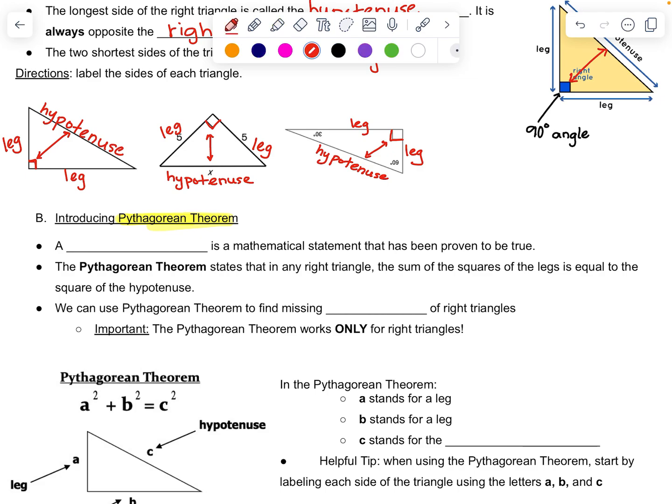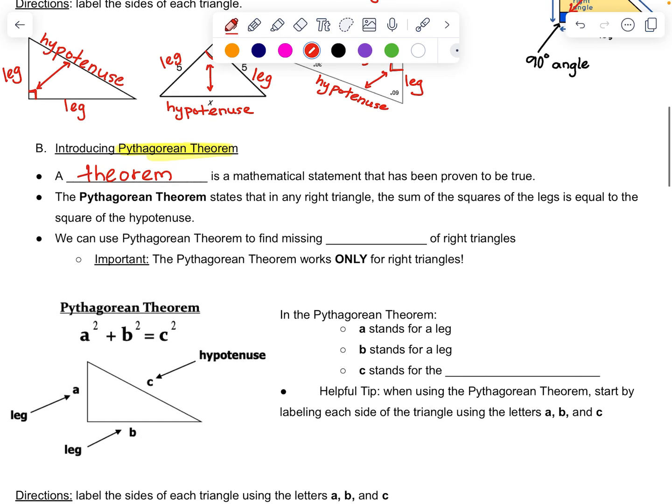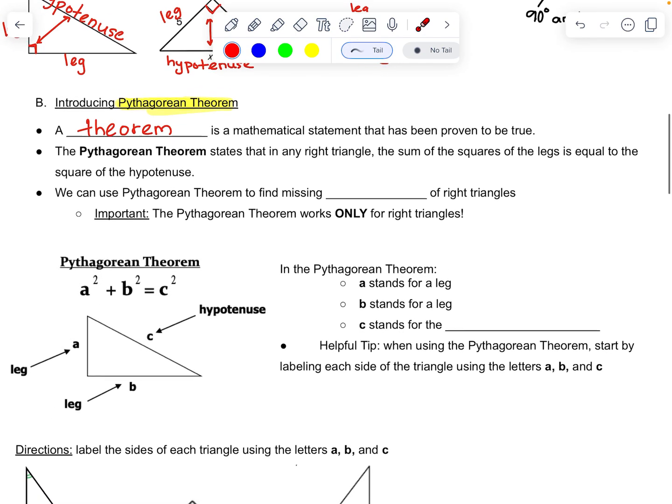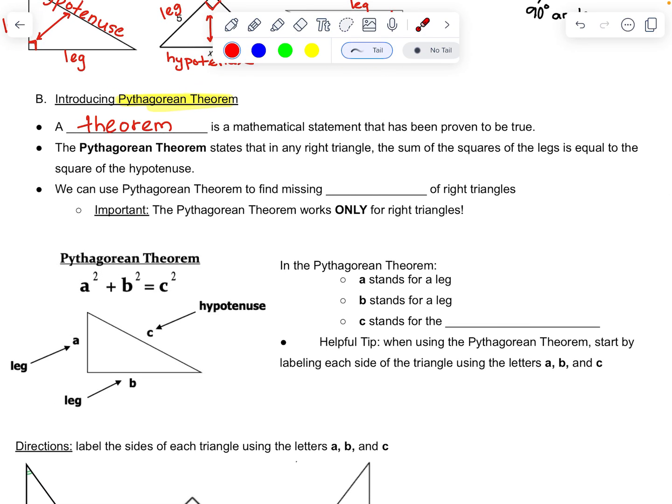By the way, this word here, theorem, it has a definition, which is a theorem is just any mathematical statement that has been proven to be true. And so the Pythagorean theorem is a very, very old theorem that we have some of the most ancient mathematical proofs for. So that's pretty neat. It's thousands of years old.